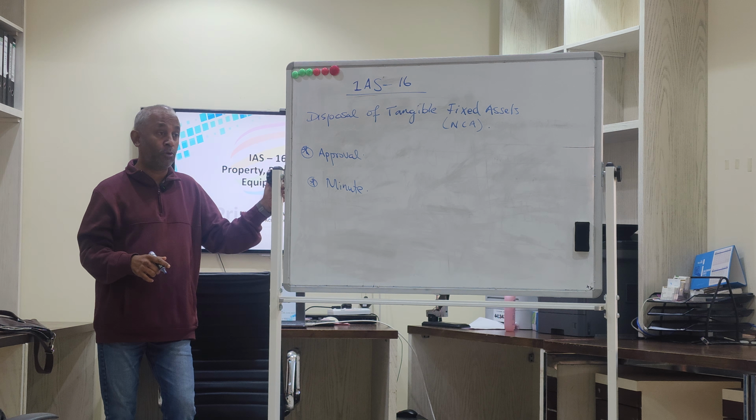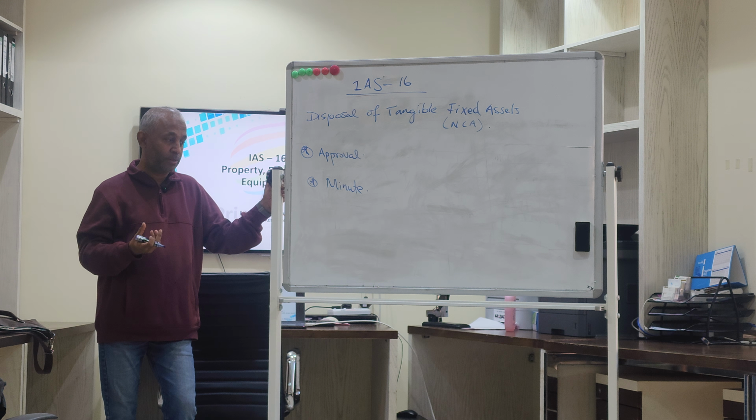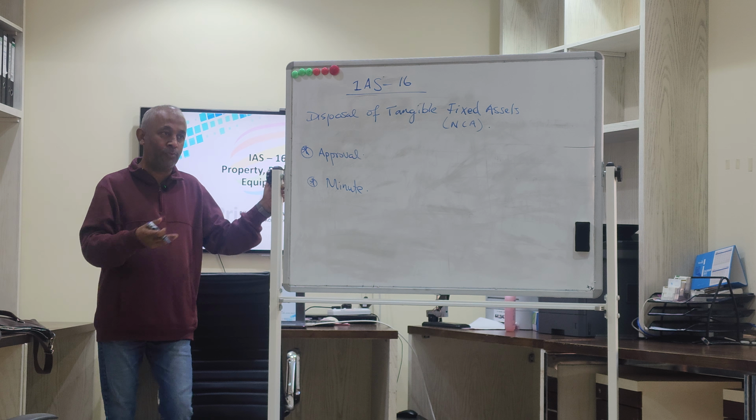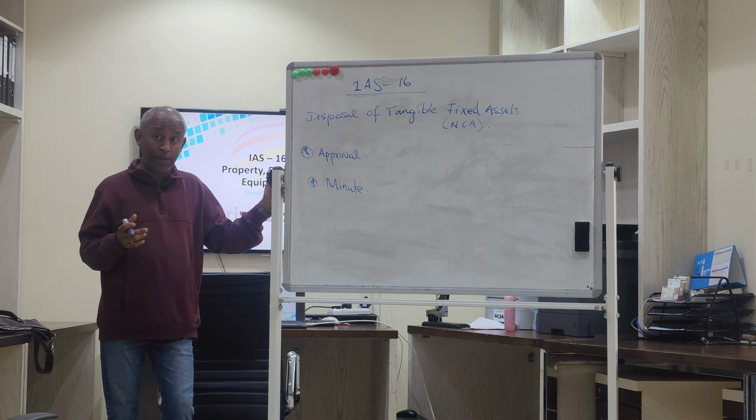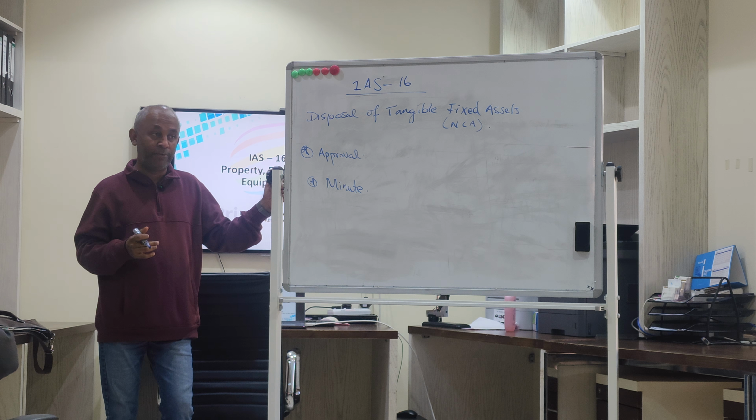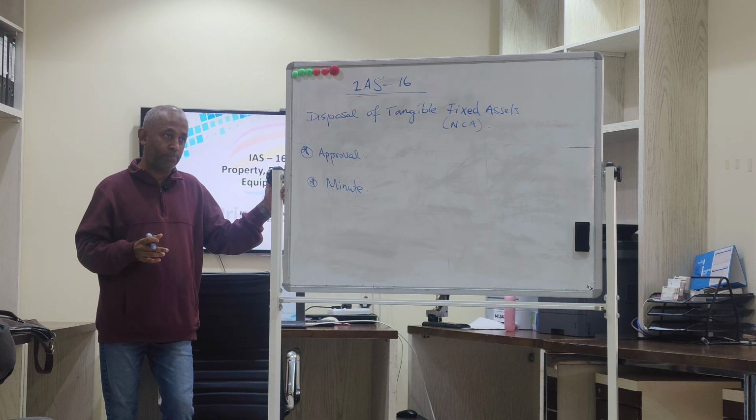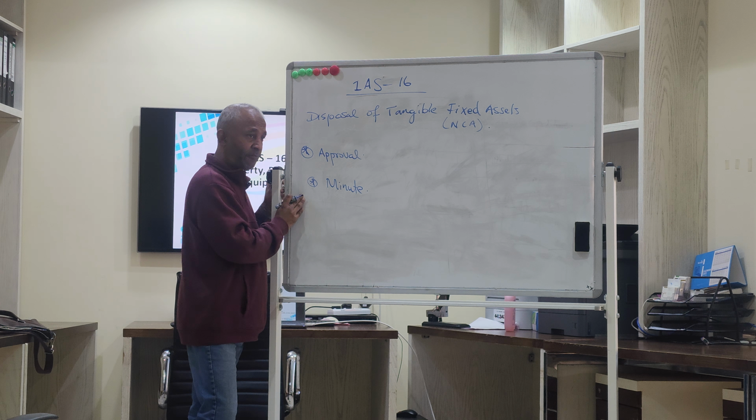Again, one more criteria is the size of the asset. If you sell one calculator, you may not necessarily need a board approval, but if you have to sell a plant, you need a very special board approval. I hope you understand the difference. So that is one aspect.